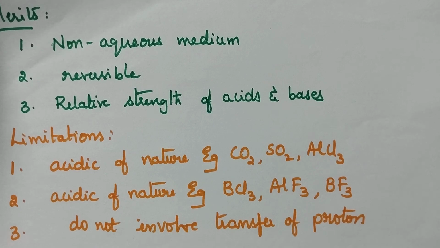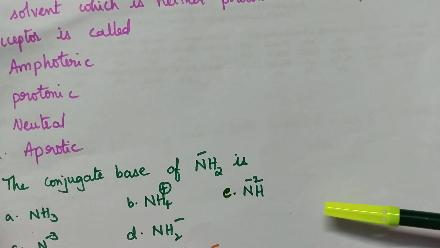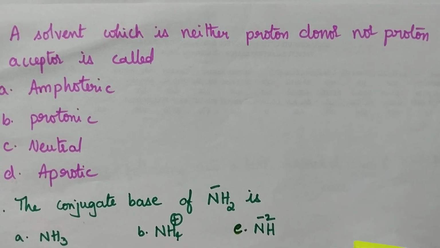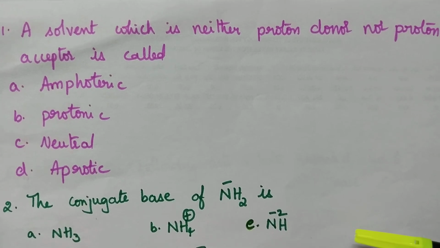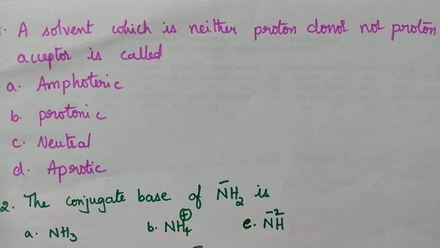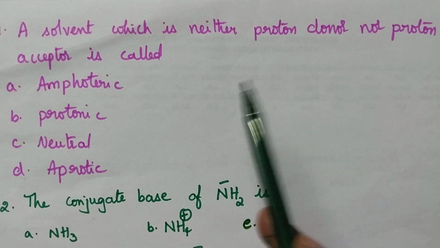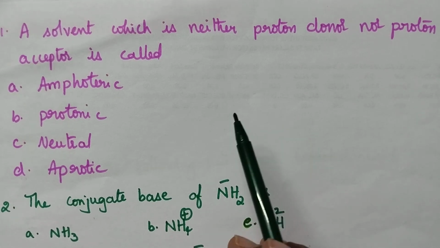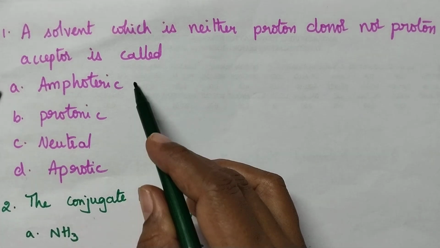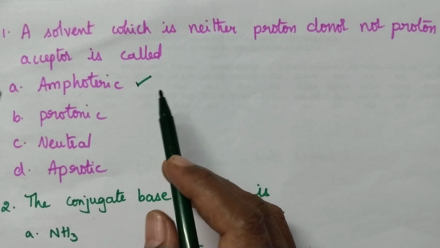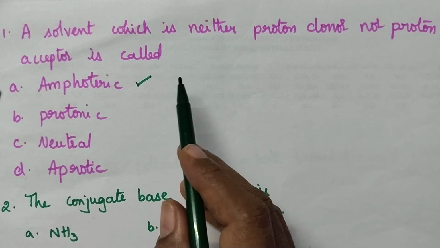Now let us discuss the multiple choice questions based upon the Bronsted theory. A solvent which is neither proton donor nor proton acceptor is. Amphoteric substance means it can act as both an acid and a base.